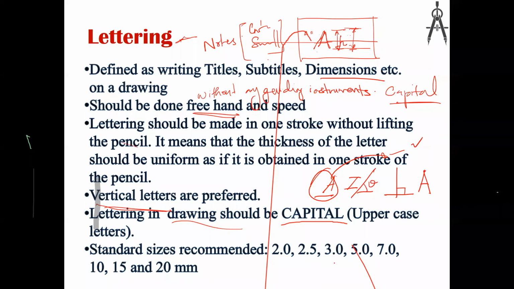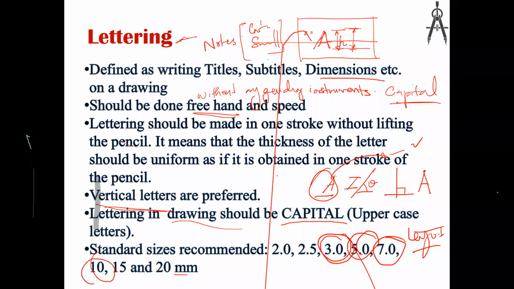Okay, for your layout, the letter sizes are indicated. Mostly 3 millimeter, 5 millimeter, 7 millimeter, and 10 millimeter, right? That is given for your layout, marked how much the letter height.